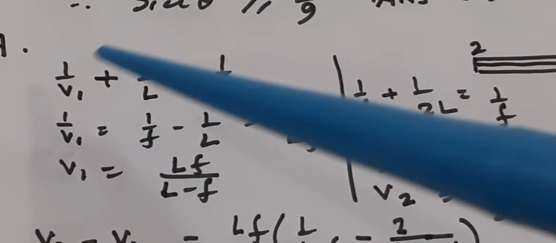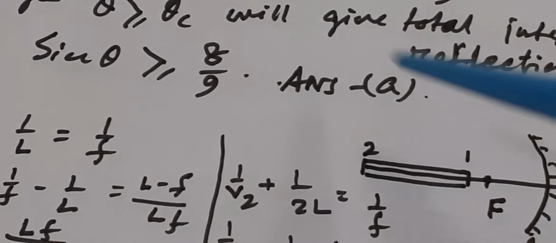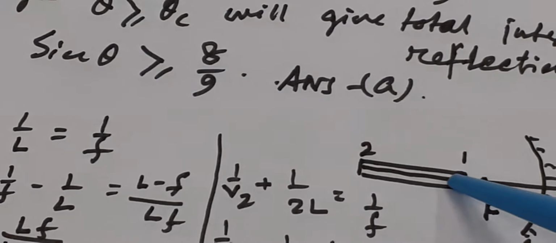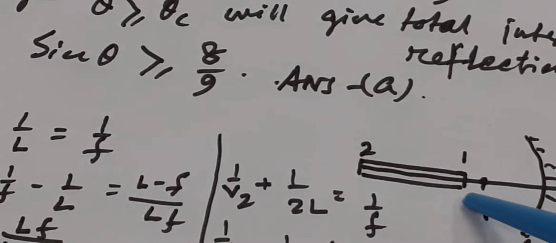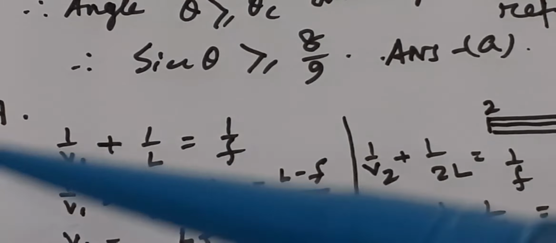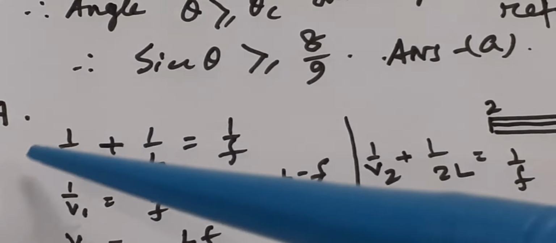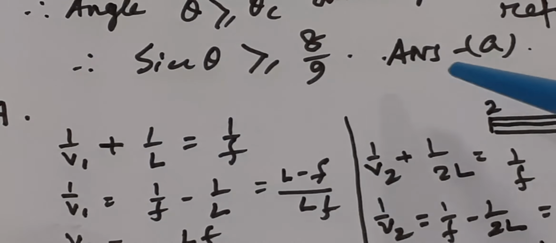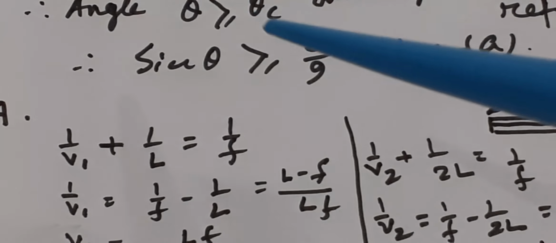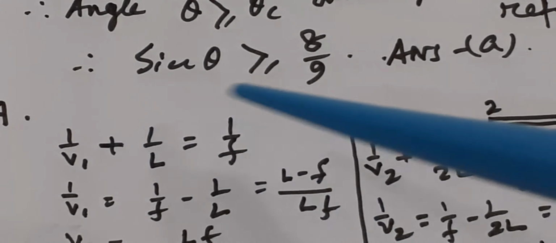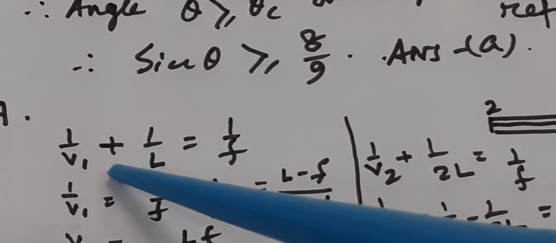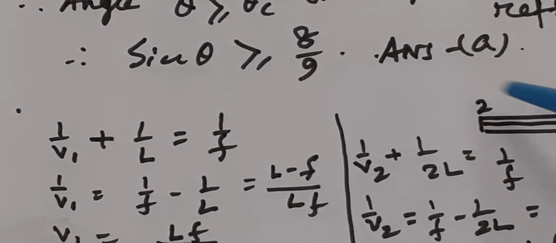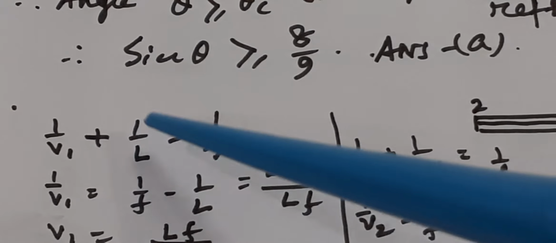Now for this position, there will be an image somewhere here, on the axis. Say that is V1. We know 1/V plus 1/U equals 1/F for a concave mirror. Now all are negative: for this arrangement, L is on this side, so we take it negative.